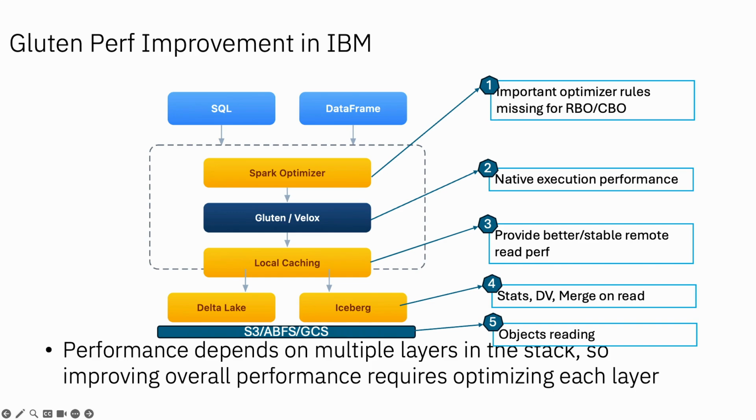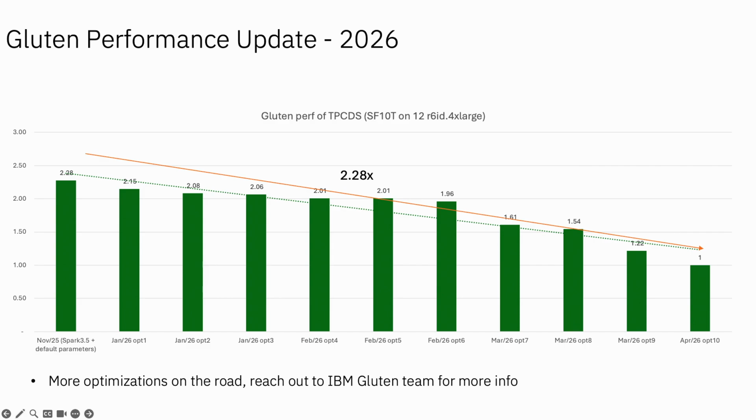To improve the performance of the workload, we need to inspect each layer of this stack. One of the interesting things is, for example, we need to fix the S3 reading performance first. And after fixing that, you may notice a new bottleneck coming up in a different layer. Here is a picture of our performance improvement over the past several months.